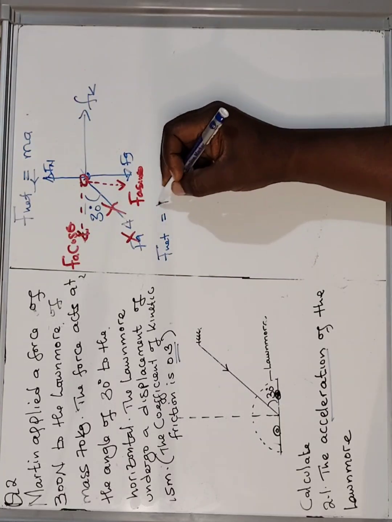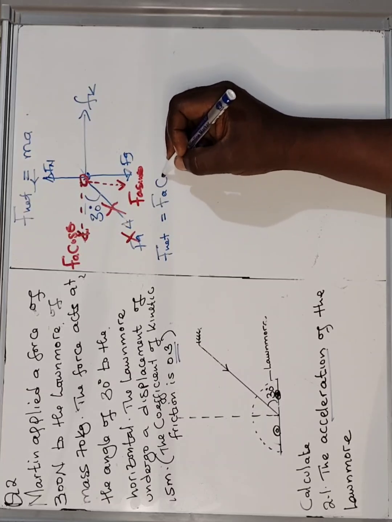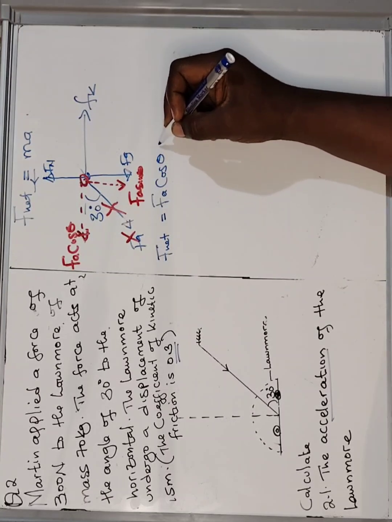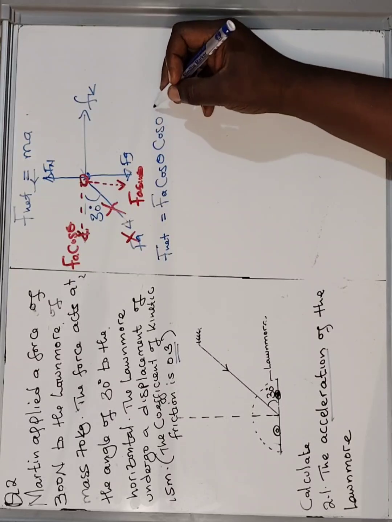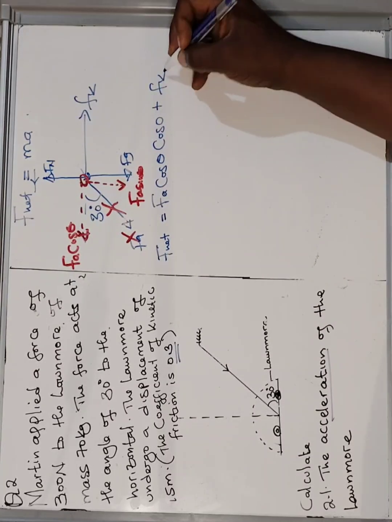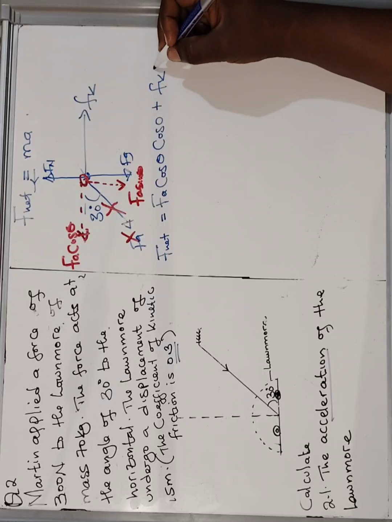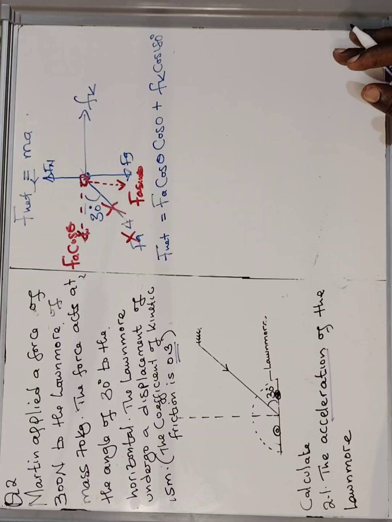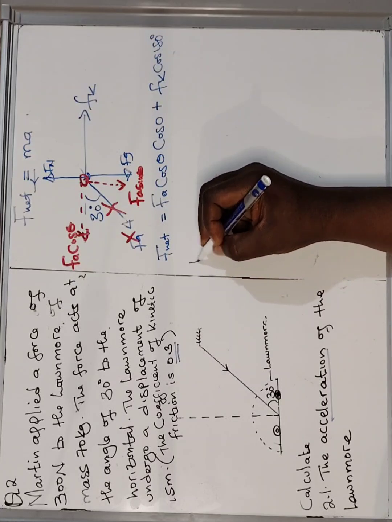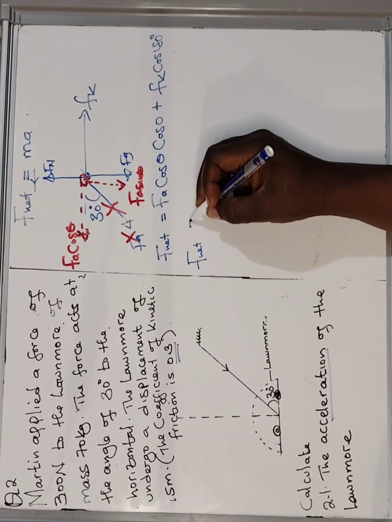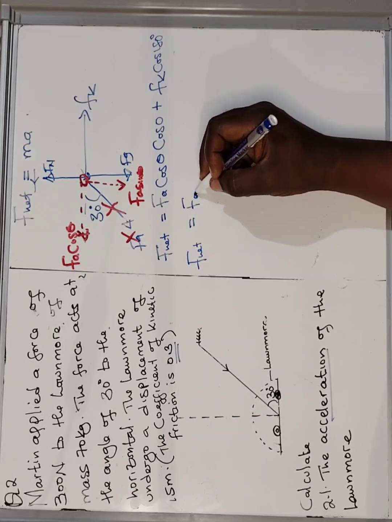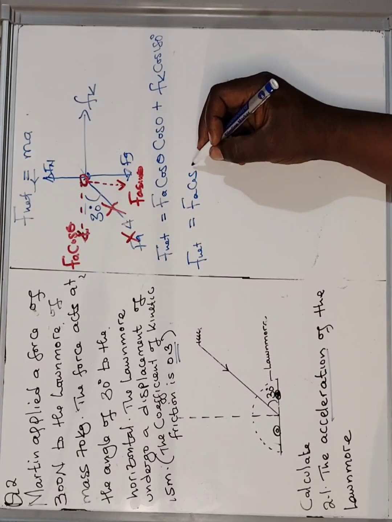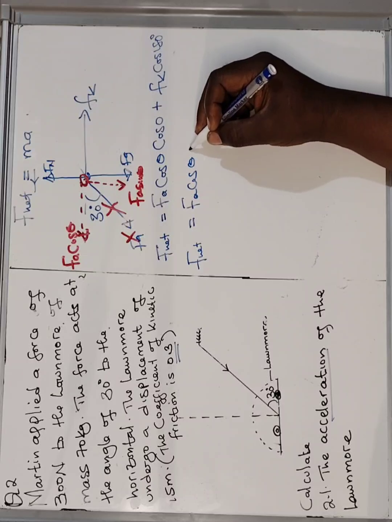So we are going to say net force is equal to Fa cos theta cos 0 plus Fk cos 180 degrees. What do we have here? We say F net is equal to Fa cos theta minus Fk.